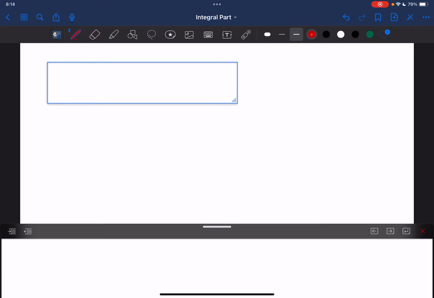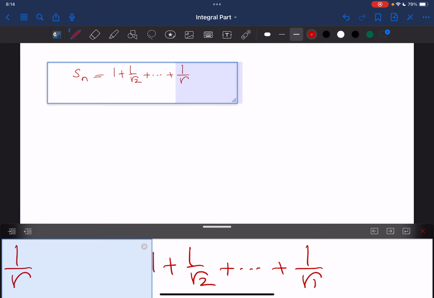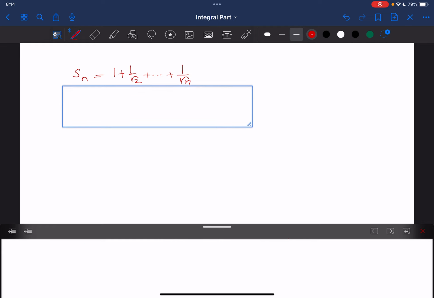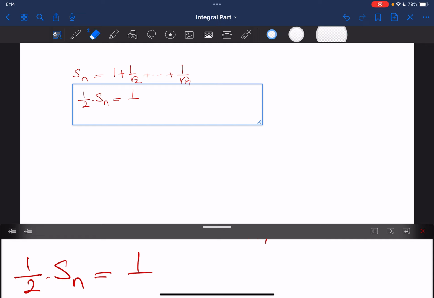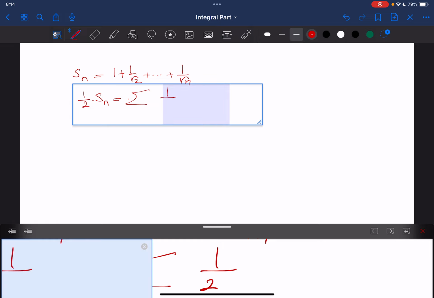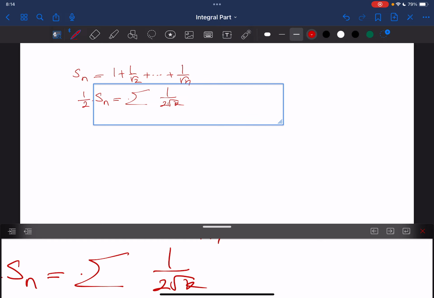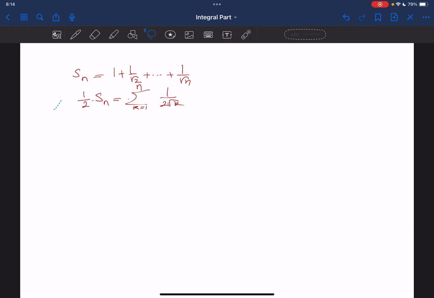So let me write Sn, again here 1 plus 1 divided by root 2 and so on up to 1 divided by root n. Then I'm going to look at 1 divided by 2 times Sn, and let me write it in the form of a sum here, the sum of 1 divided by root k, k from 1 to n, correct?